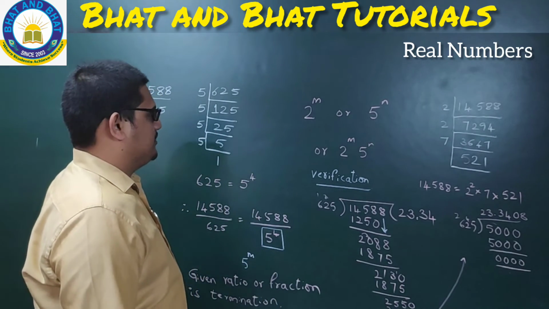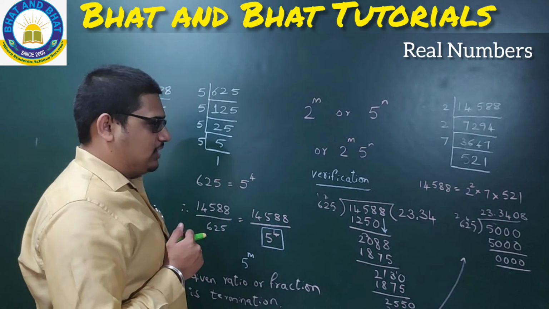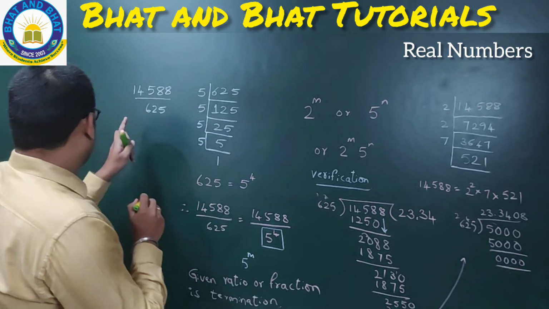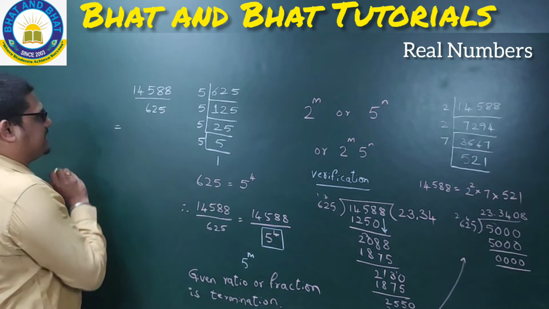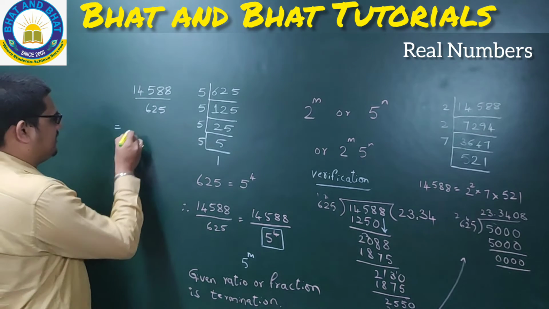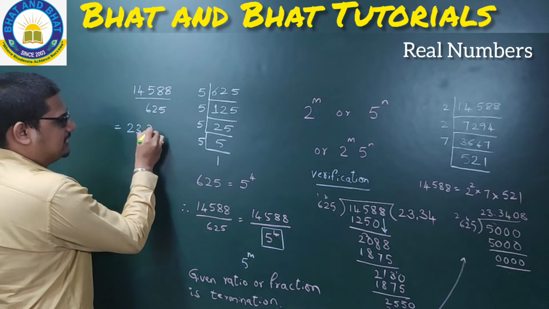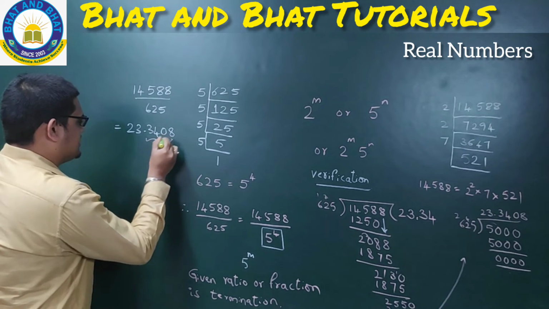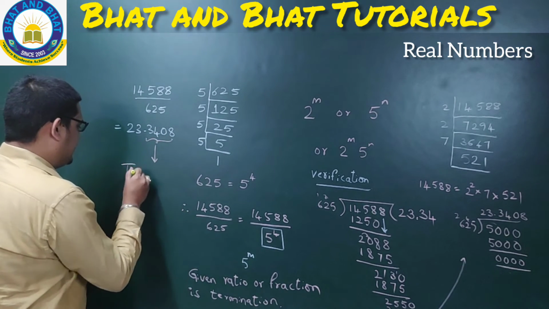What is the conclusion? With the actual long division verification, we have got to know that the decimal expansion of 14,588 divided by 625 is 23.3408, and we observe that the decimal expansion is terminating.